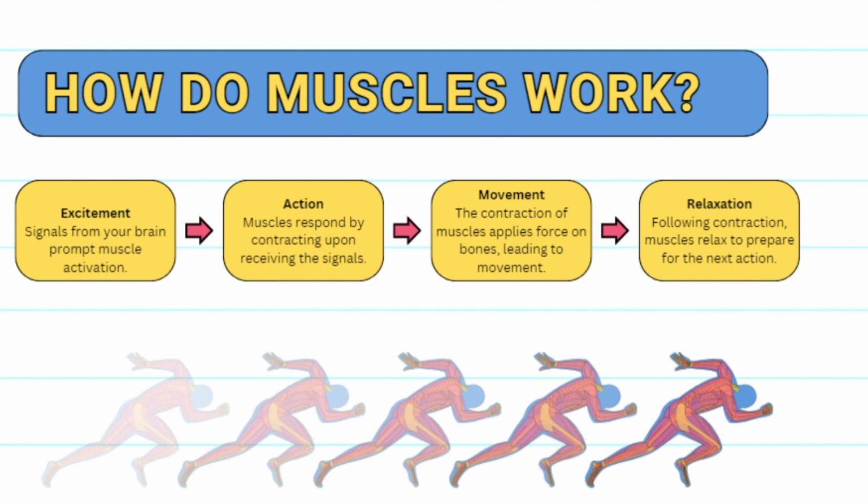Then the action happens, meaning muscles contract upon receiving the signals. Then the contraction of the muscles applies force on the bone, which is why we can see movement. So action and movement are two different parts. And then when it's done, relaxation follows the contraction, which is the step that allows the muscles to prepare for the next action.